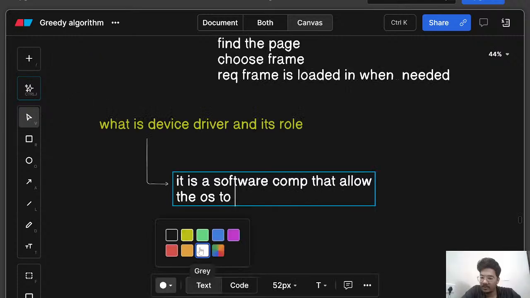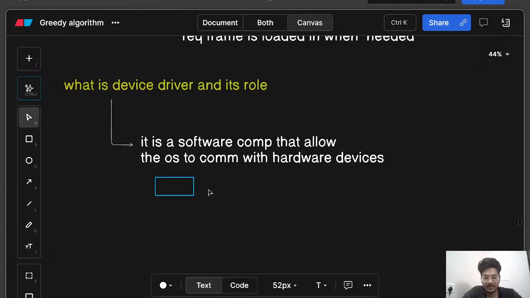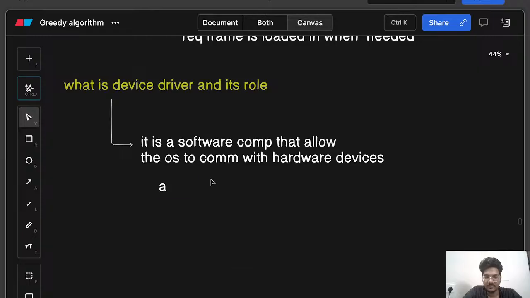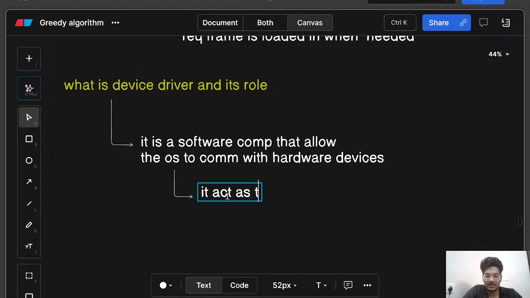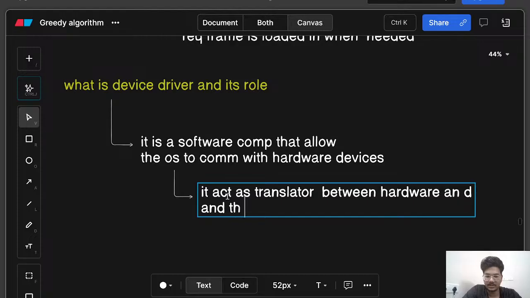A device driver allows the operating system and applications to communicate with hardware devices, and it acts as a translator between the hardware and the OS. It converts high-level OS commands into low-level hardware instructions.